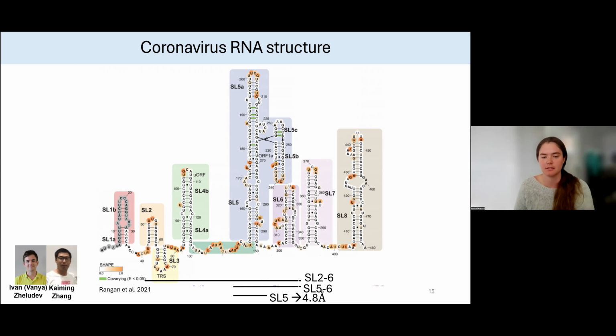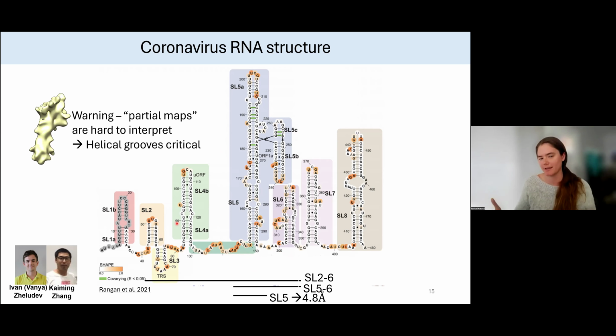And I just here also want to call out a warning for RNA cryo-EM in general, is that when you're solving something very large like this that has a lot of helices, those helices can all align together and you get what we call a partial map, or something that kind of looks RNA-like, right, but is much smaller than you would expect for the RNA you put on the grid.